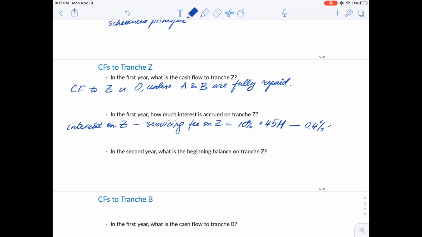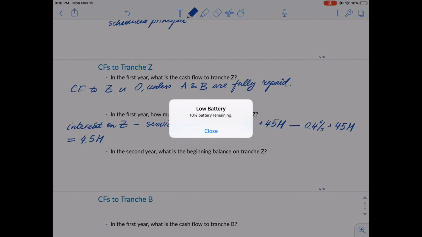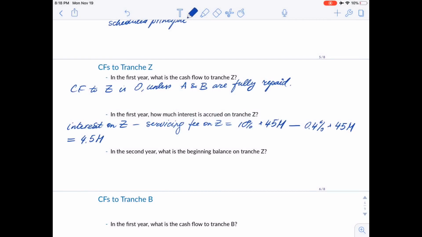And that is also multiplied by the pool balance. Okay, so 10% of 45 is $4.5 million. And the servicing fee is $180,000. So the total interest accrued on tranche Z is $4,320,000.